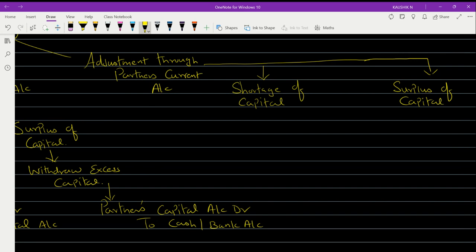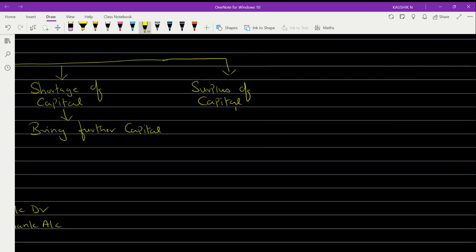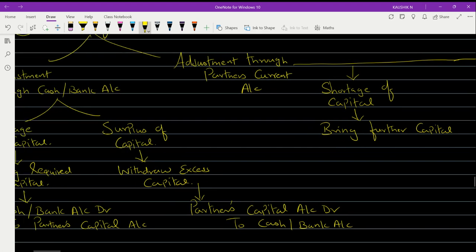When I'm talking about the shortage of capital, same treatment: bring further capital. When it is a surplus of capital, withdraw excess capital. Now comes the main twist.